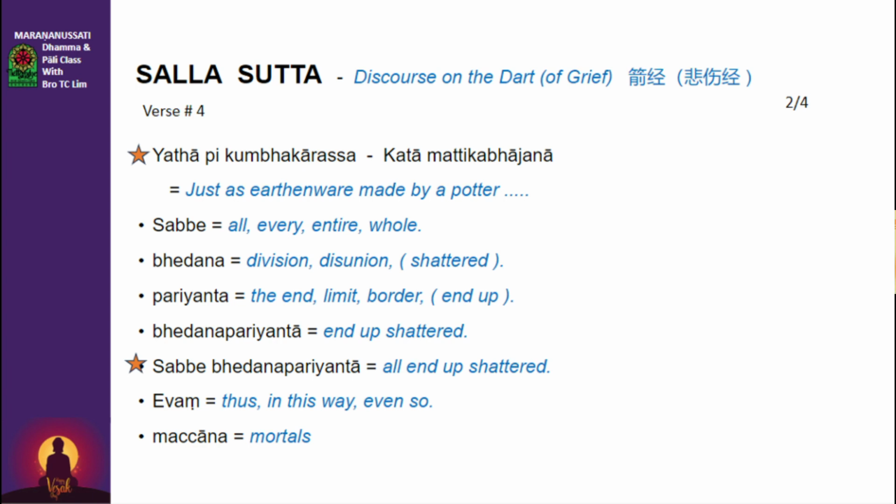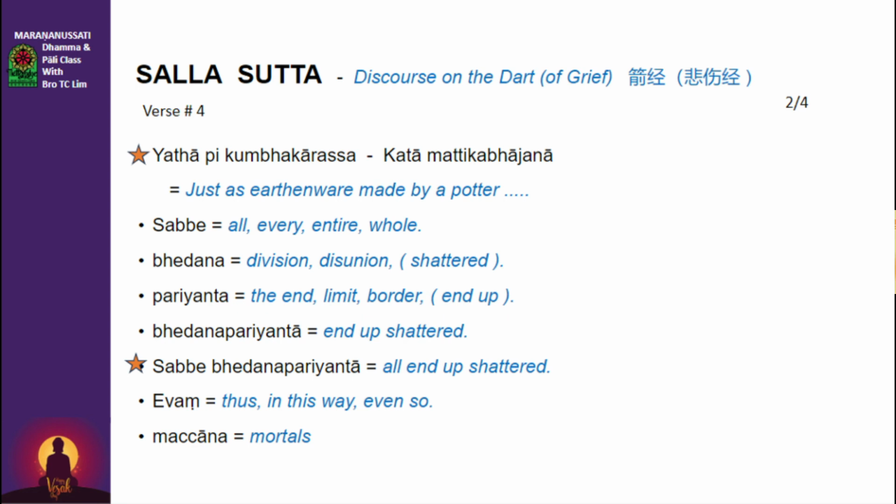Okay, so the other half is sabe, all or entire. Bedana is division or disunion, or here it means shattered, broken into pieces. Pariyanta, the end or the limit or the border, that means end up. Bedana pariyanta, end up shattered. So sabe bedana pariyanta, all end up shattered. Evang, thus in this way. Machana, mortals.